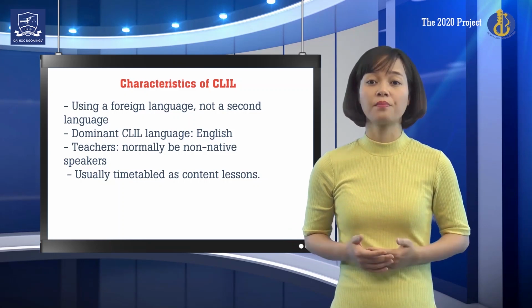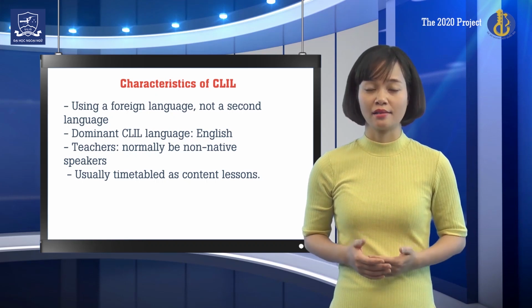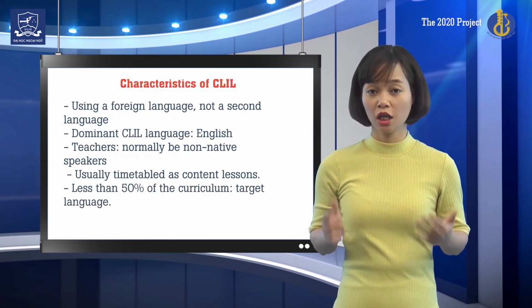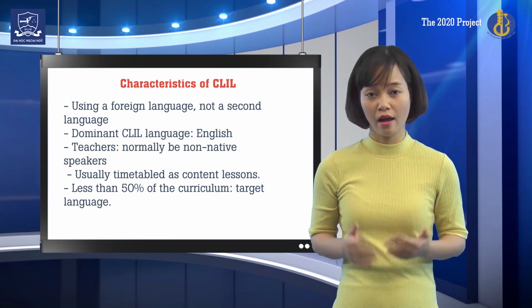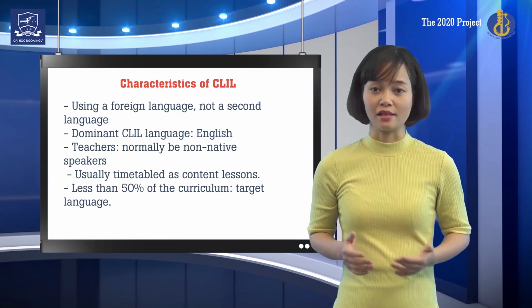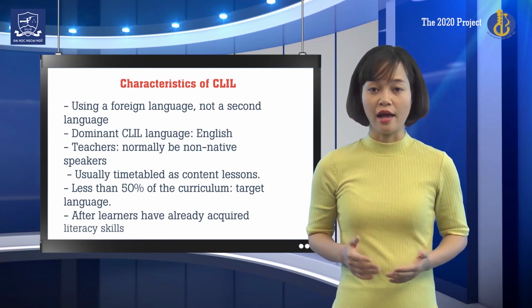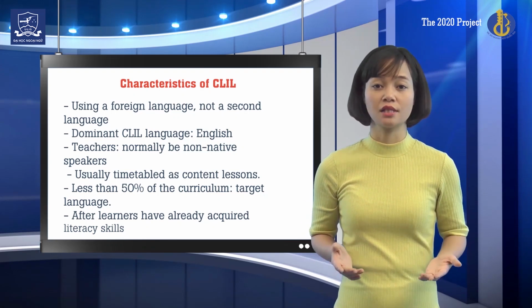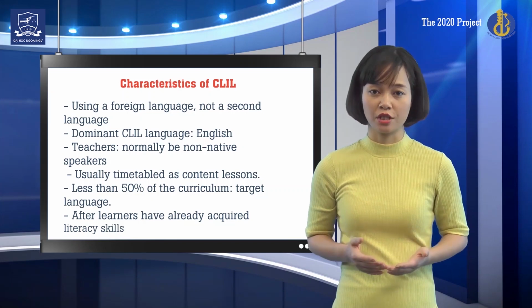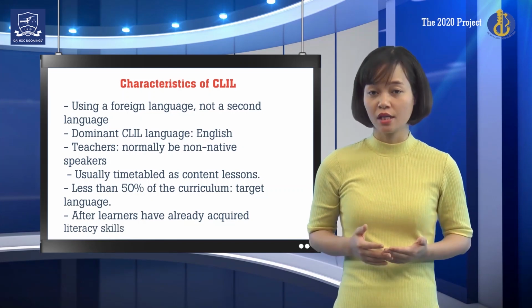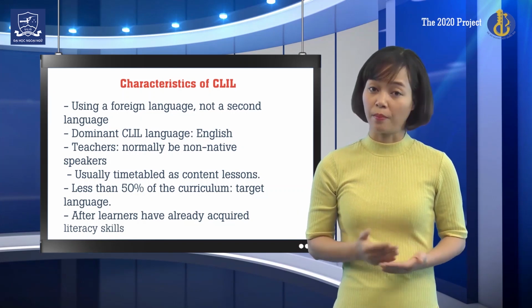Additionally, in CLIL programs, typically less than 50% of the curriculum is taught in the target language. And lastly, CLIL is usually implemented once learners have already acquired literacy skills in their first language, which is more often at the secondary rather than primary level.